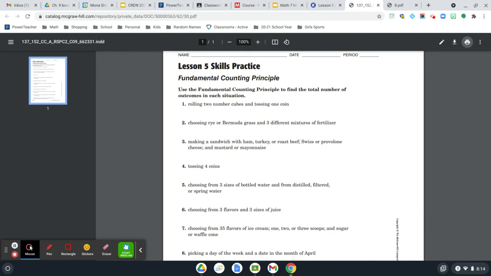Show the counting principle, meaning, for example, like in number 1, rolling 2 number cubes and tossing 1 coin. You're going to show on your lined paper, 2 number cubes: first number cube, 6, times the second number cube, 6, times tossing 1 coin, 2. 6 times 6 times 2. That's what you're going to write on your lined paper and then calculate it to see how many outcomes are possible. You're using multiplication only, that counting principle, to find your answers.